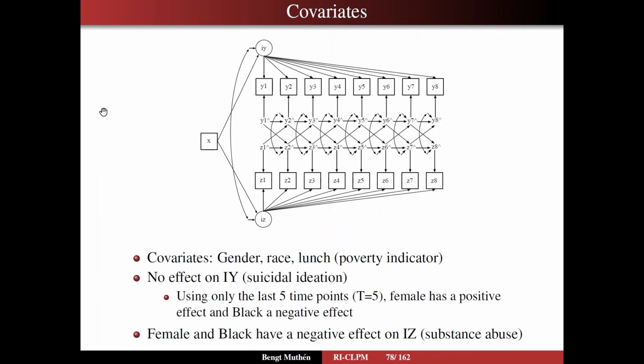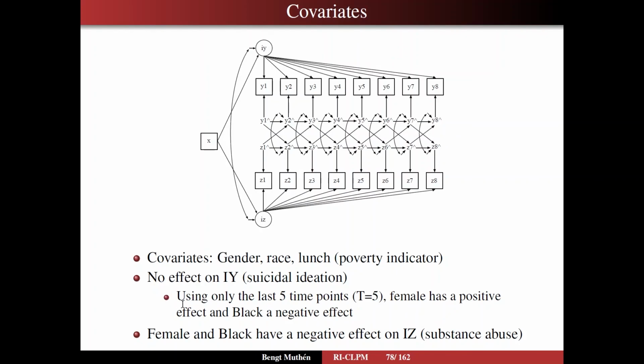Finally then, on slide 78, we could bring in covariates as well, and in this data set we have covariates such as gender, race, and an indicator of poverty. But you find here no effect of those variables on IY, the random intercept for suicidal ideation.